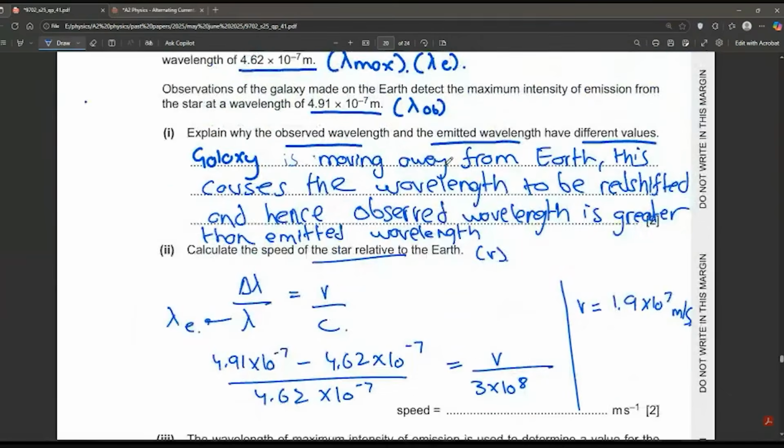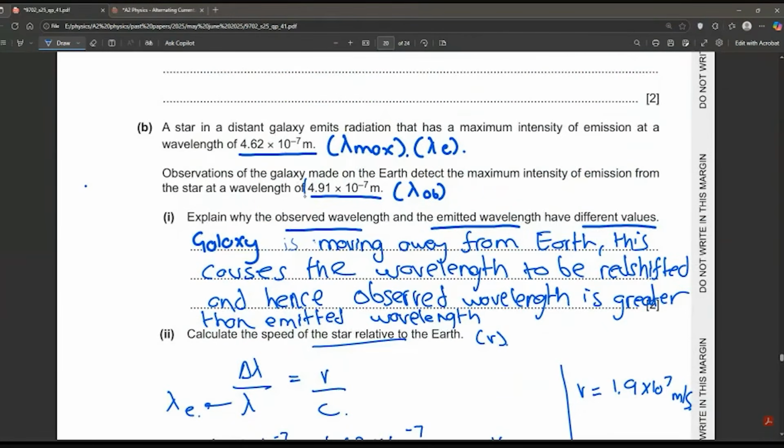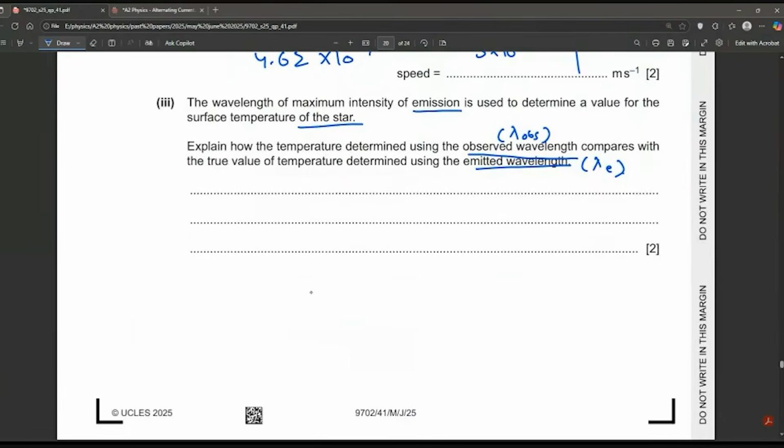Beta, can you realize that observed wavelength is greater compared to the emitted wavelength? And we know that wavelength maximum is inversely proportional to temperature. If wavelength observed is greater, the calculated surface temperature will be lesser. What will you write? Wavelength of maximum intensity is inversely proportional to temperature.